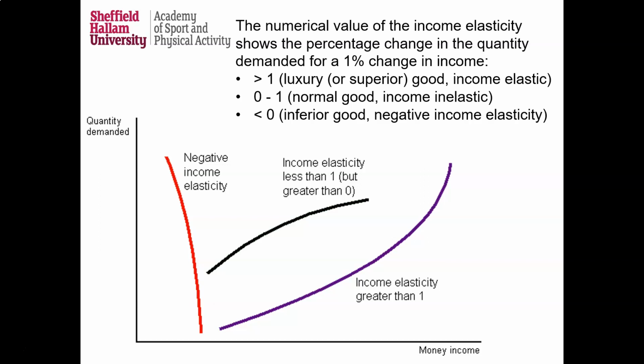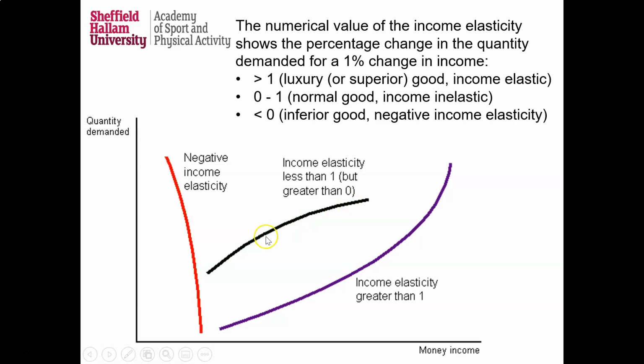Okay. A normal good has a less steep curve. So we can see here, as income rises, the gradient of this curve actually increases. What we can see here is that as incomes increase, demand increases, but we don't have the graduated steepness of curve that we have here.